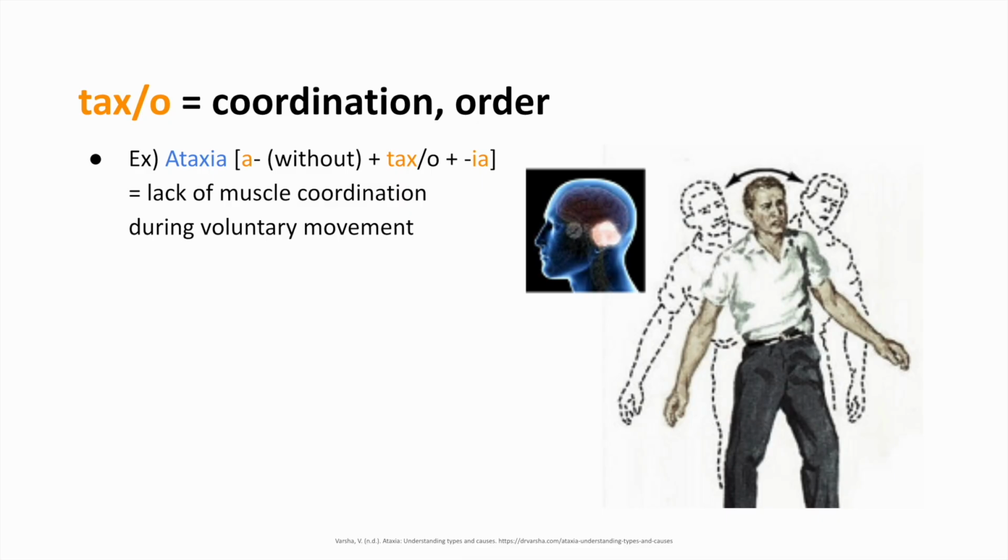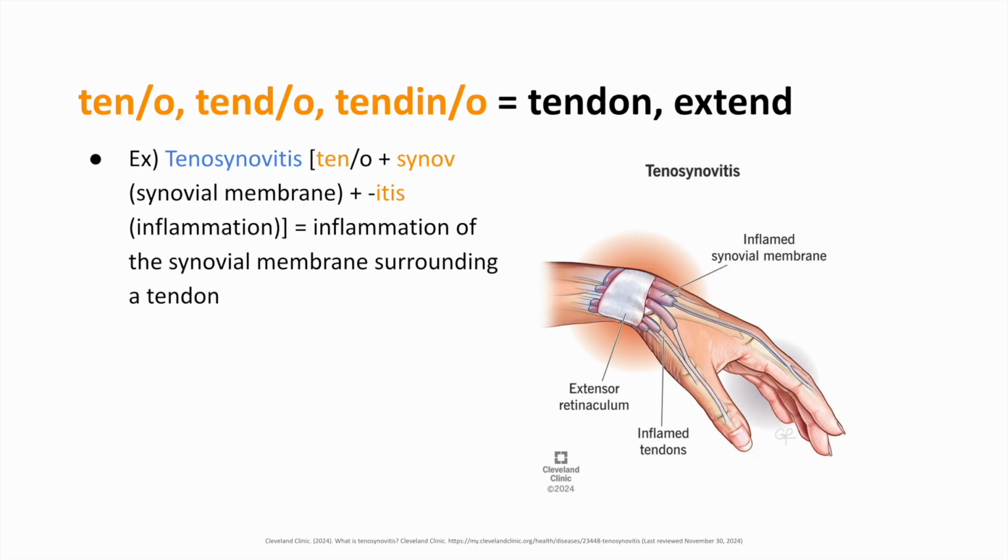Teno, tendo, or tendino is a combining form that means tendon, or it could mean extend as well, but I think it's mostly used as tendon. So tenosynovitis: teno is the combining form, and the synovo combining form means synovial membrane, which, oh yeah, you can see my mouse pointer, is this kind of wrapping around the blue tendon.